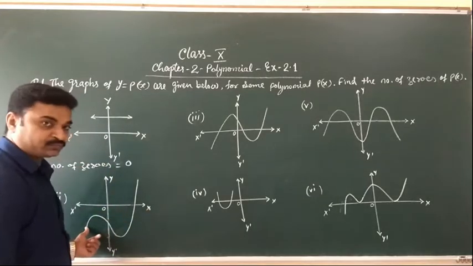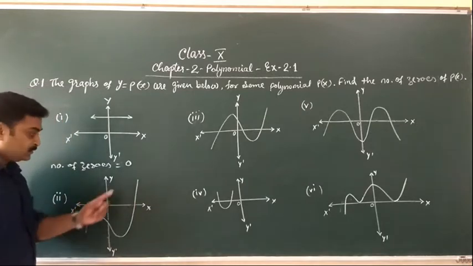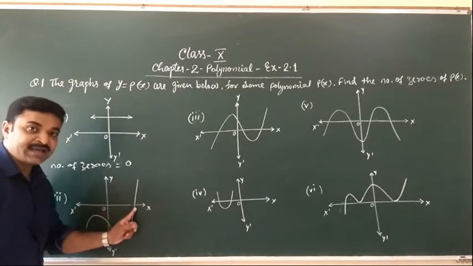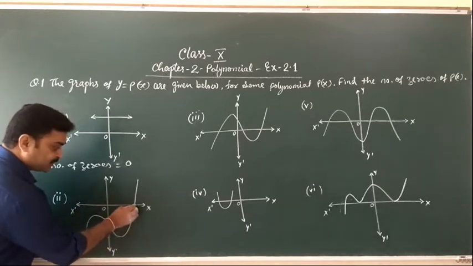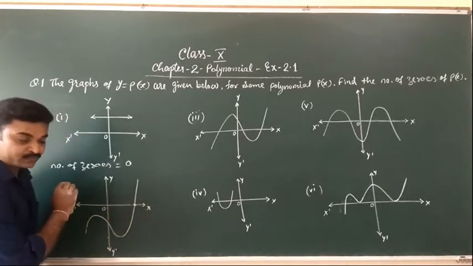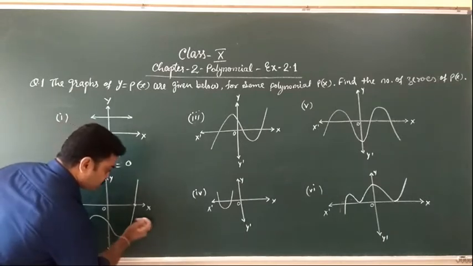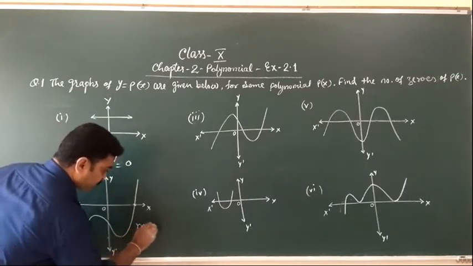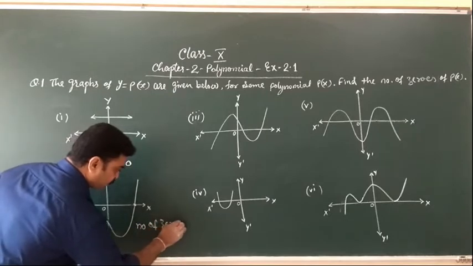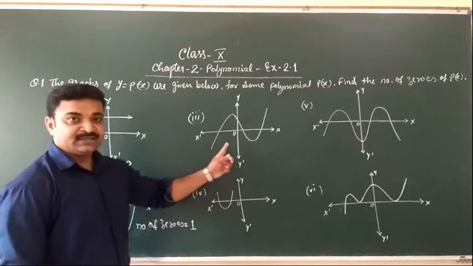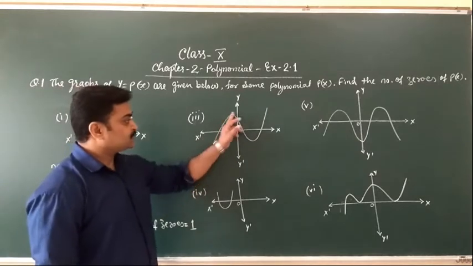Question number 2. Here this graph cuts the x-axis at a single point, this point. So we write number of zeros is equal to 1.